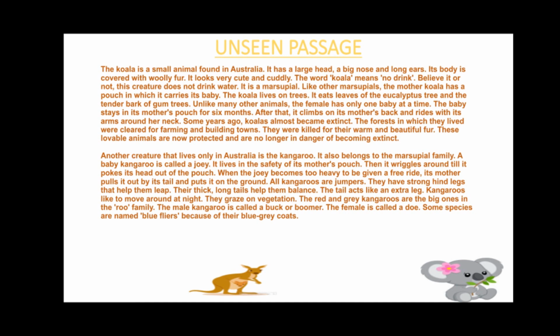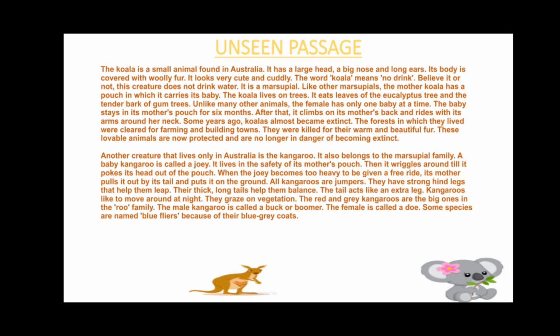It looks very cute and cuddly. The word koala means no drink. Believe it or not, this creature does not drink water. It is a marsupial. Like other marsupials, the mother koala has a pouch in which it carries its baby.